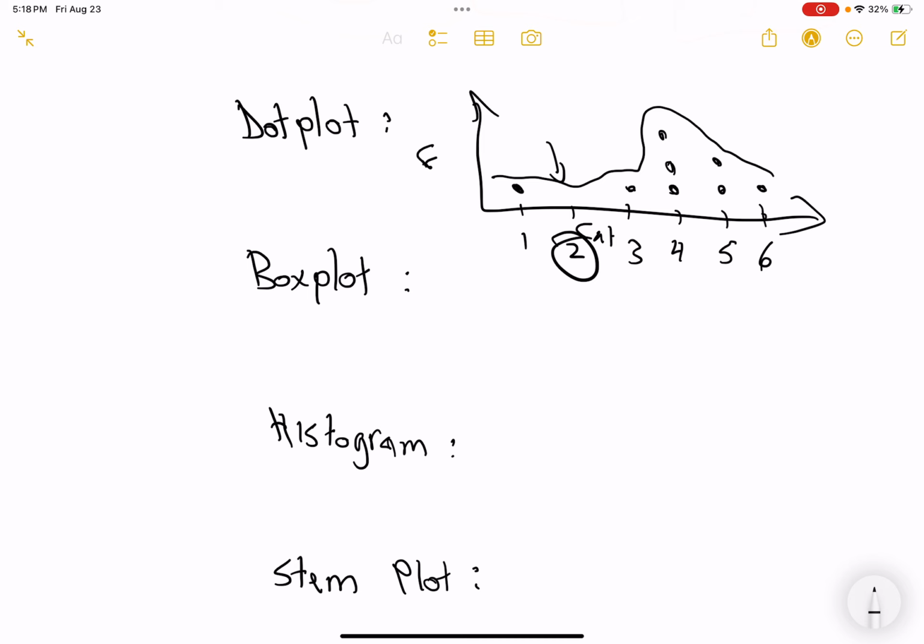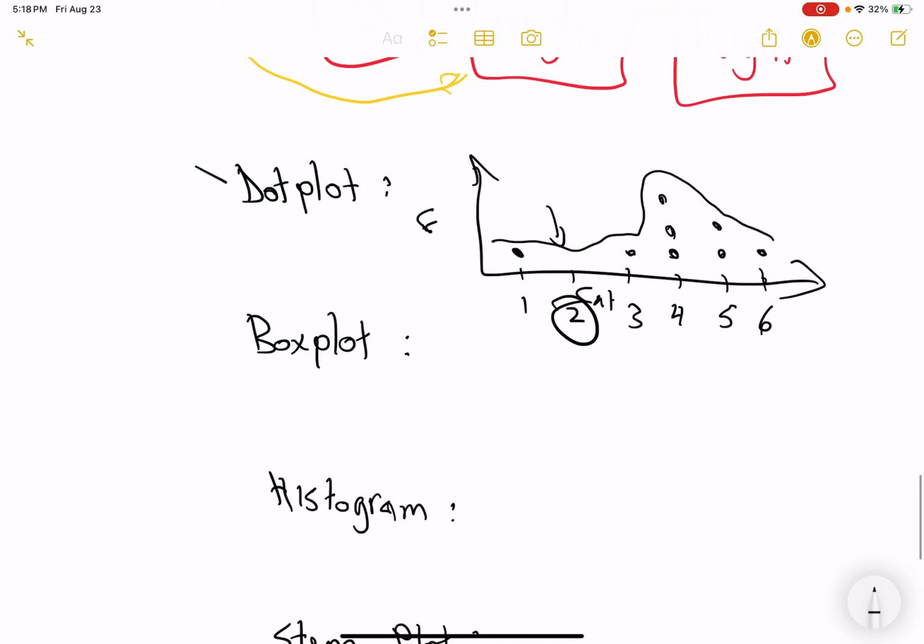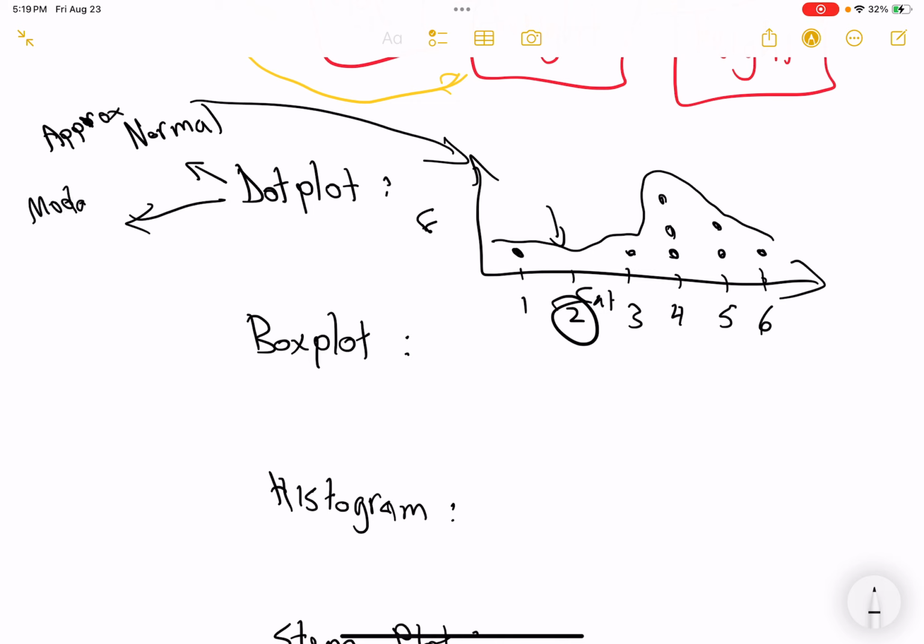Okay? Dot plots are good for a lot of things, but things that you should be aware of that they're good at, you can see whether something is approximately normal with a dot plot. Why? Because you can see how it shows up on the curve, and we can see if there's one hump. You can also see, by extension, modality. What do I mean by that?